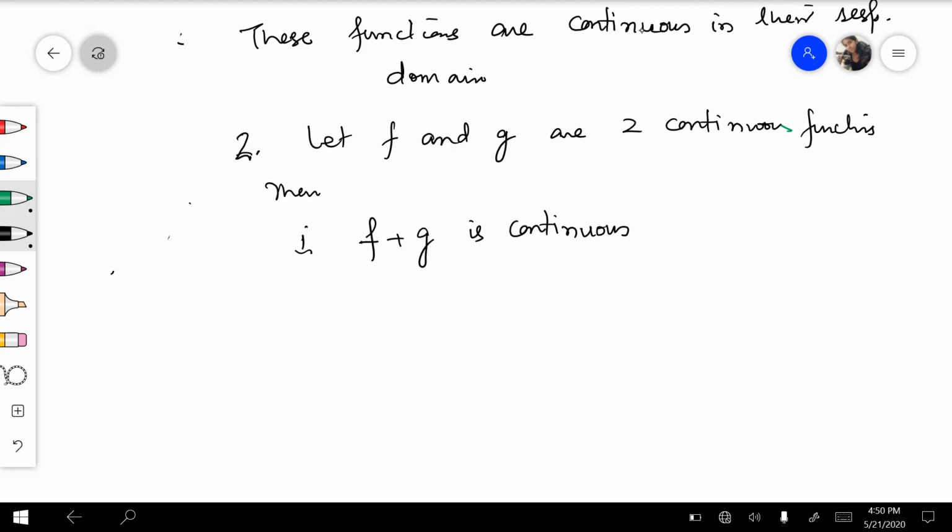वहां पर हमने डिस्कस किया था एट ए पॉइंट, यहाँ पर हम दो जनरल फंक्शन ले रहे हैं और जनरल कंटिन्यूटी को डिस्कस कर रहे हैं. अगर हमारे पास कोई फंक्शन f है तो it will have a domain. g is a function, then it will have a domain.